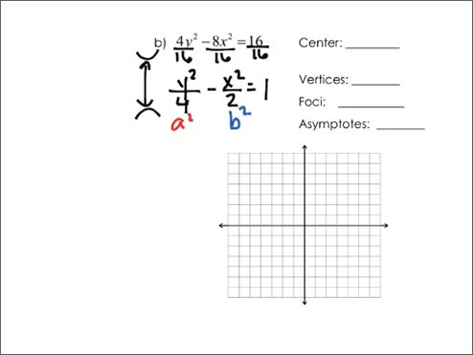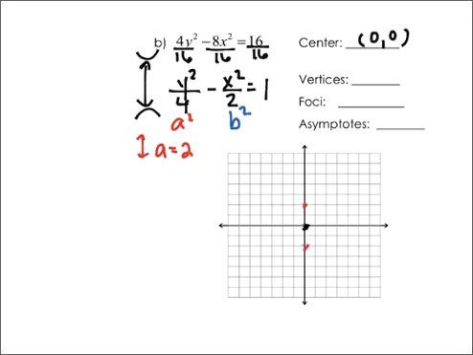The center is at 0, 0 because nothing has been added to the x or the y. If there were numbers there, you'd have to be careful because the y squared is first. So go ahead and put your center on your graph. Now, I'm going to know how far up and down by finding a. Well, a is just the square root of 4, which is 2. So I'm going to go up and down 2 to find my vertices.